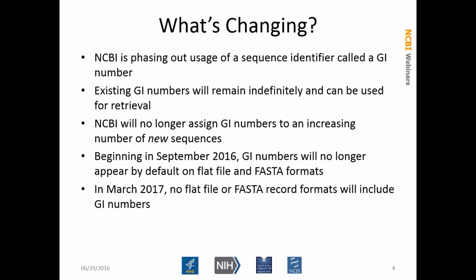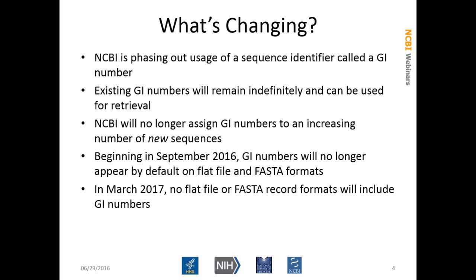What's happening soon, in September, is that we will no longer show GI numbers on flat file record views and FASTA record views by default. So those GI numbers simply will not be present in those data formats. The GI numbers will still be present in the data record, but will not be visible in the flat file and FASTA formats. In March of 2017, you will not be able to see flat file or FASTA formats with GI numbers at all.